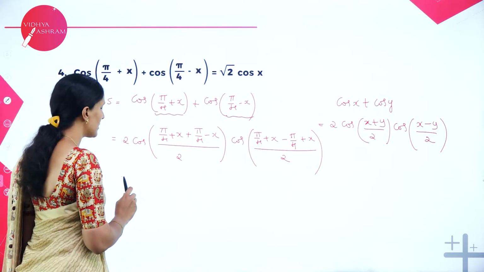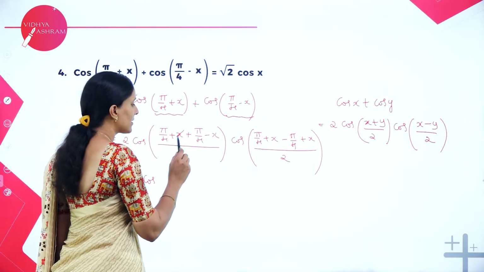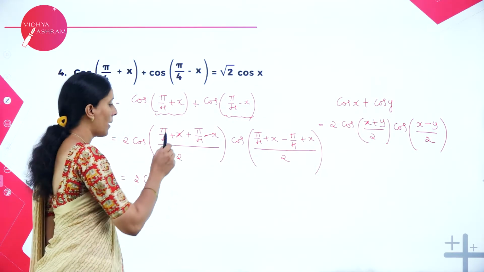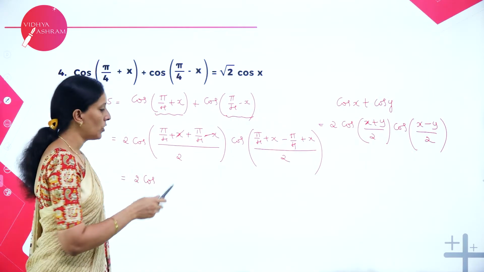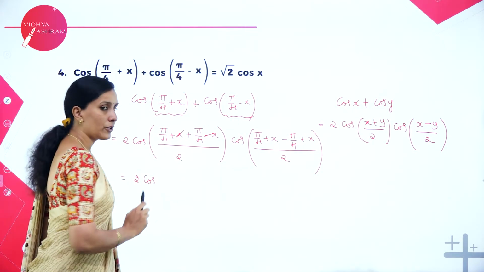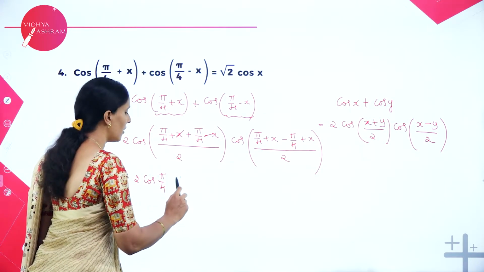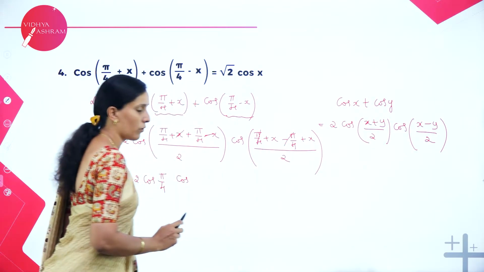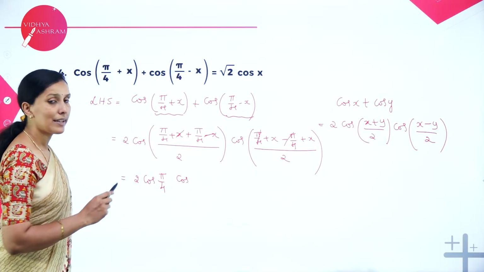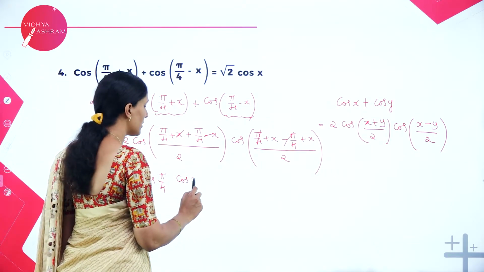Now here you can see it can be written as 2 cos, and minus x cancels. Pi by 4 plus pi by 4 is 2 times pi by 4. So 2 times pi by 4 by 2 becomes only pi by 4. Next here we have cos, plus pi by 4 minus pi by 4 cancels. x plus x is 2x, 2x by 2 is x. So therefore it is cos x.